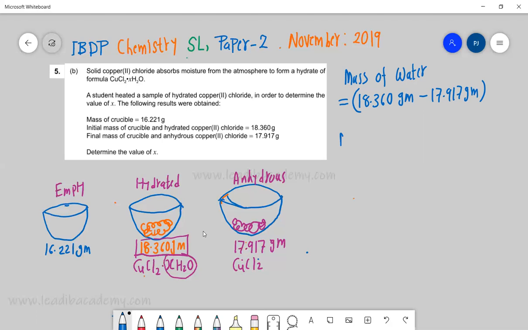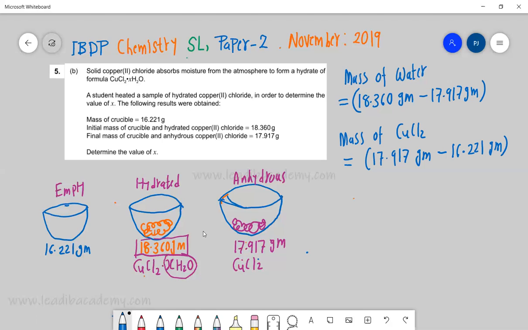And what about the mass of anhydrous or mass of only CuCl2? Simple. It is going to be 17.917 gram minus the mass of empty crucible. This is the crux of the problem. If you have understood, then it is simple.